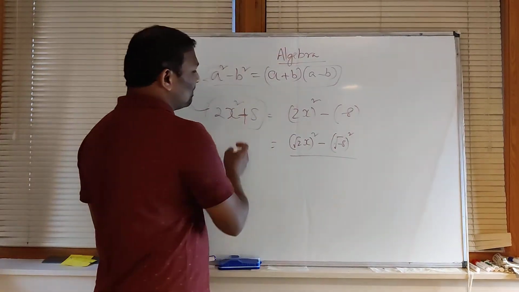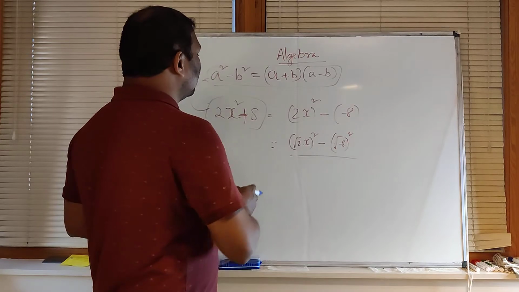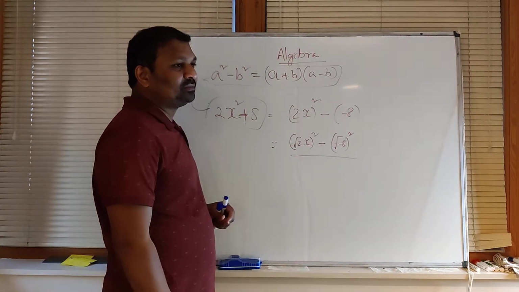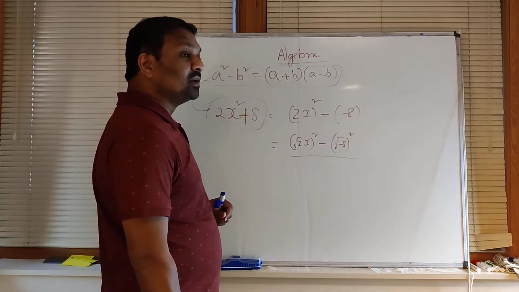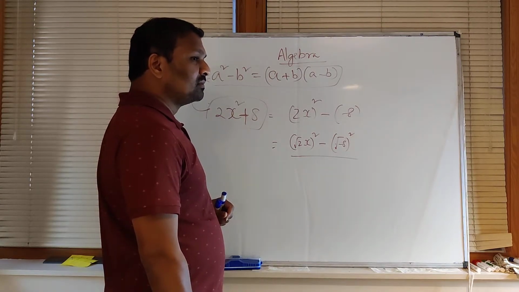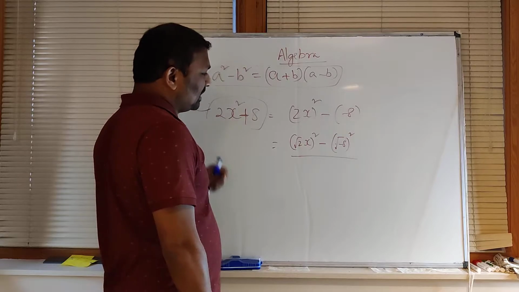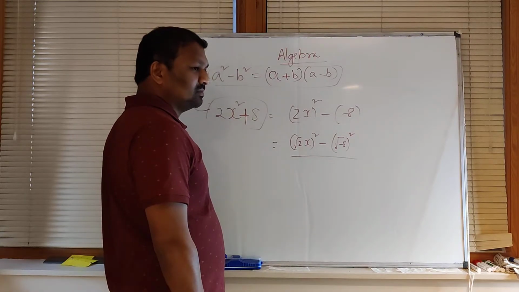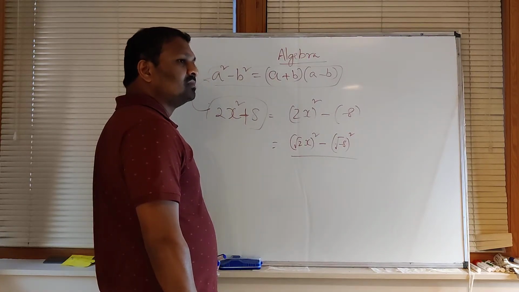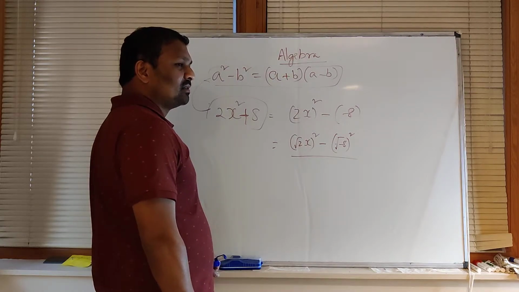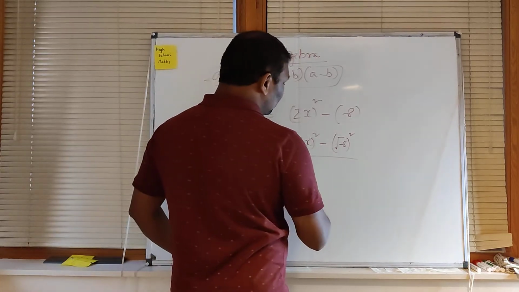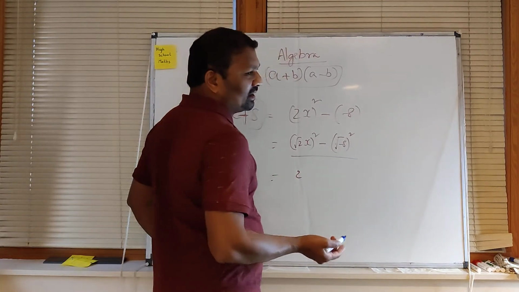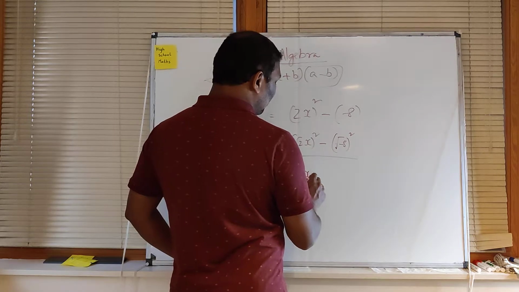That is why people don't prefer it. But in other cases, this kind of technique can be used. For example, if they ask for factors of 2x squared plus 8, you can just say root 2x squared and so on, but these are not realistic factors. You can do it, but these are not real numbers, they are complex numbers.